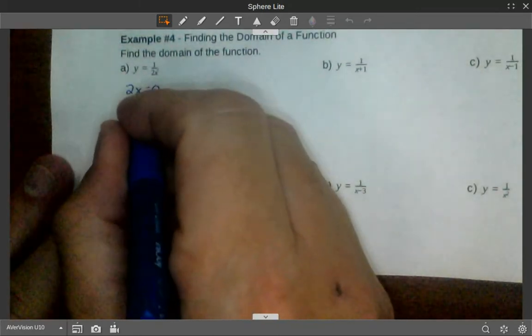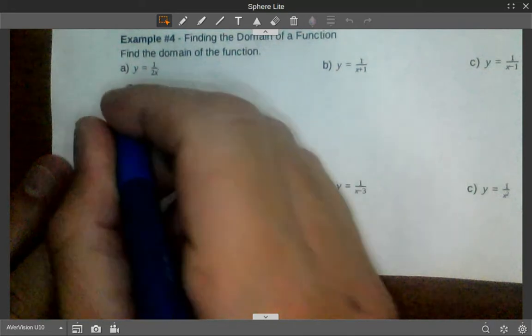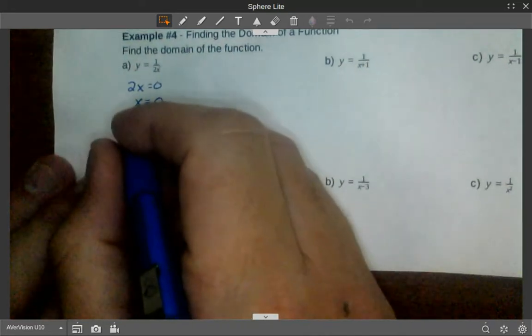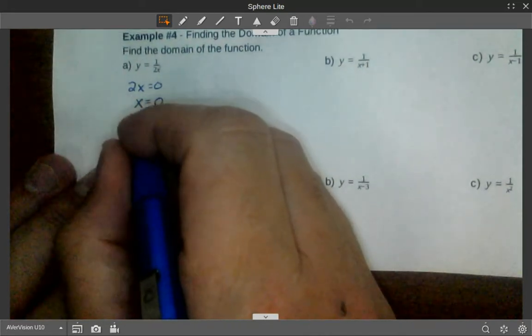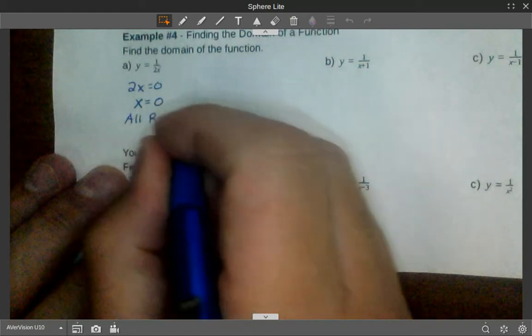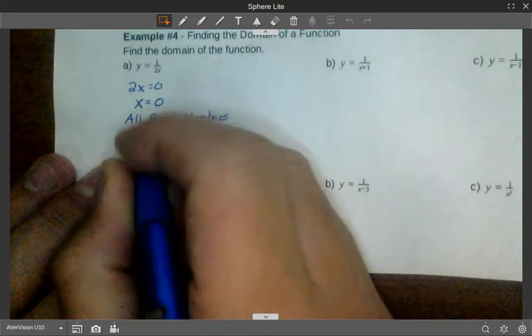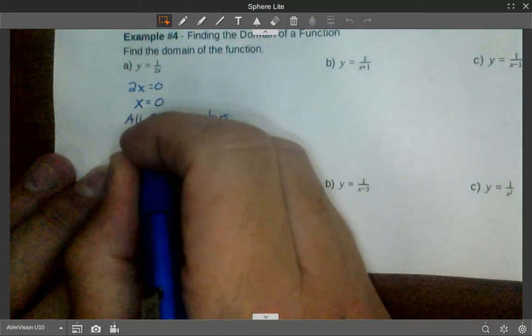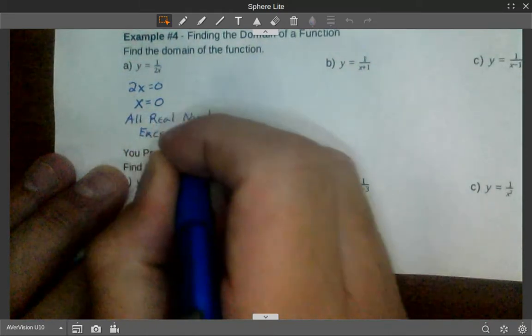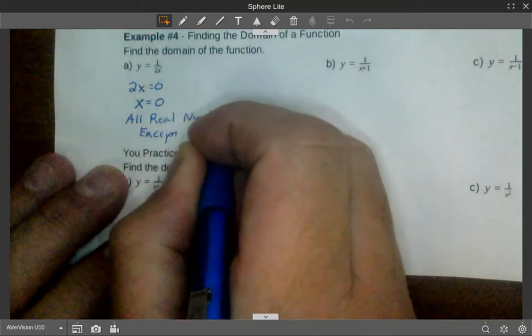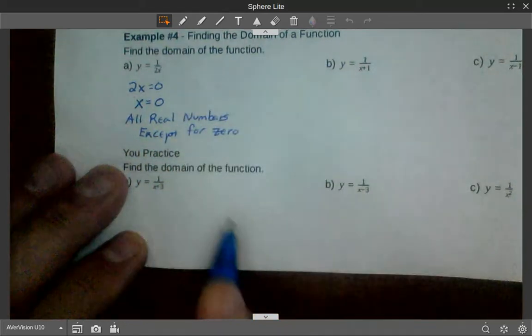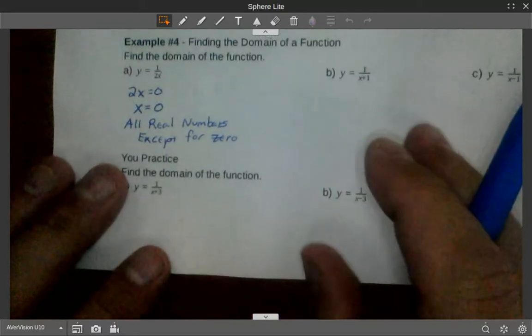So if I divide by 2, I get x equals 0. So my domain is going to be all real numbers except for 0. Because it'll work for all numbers, it just won't work for that 0.